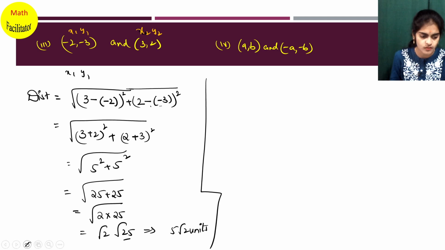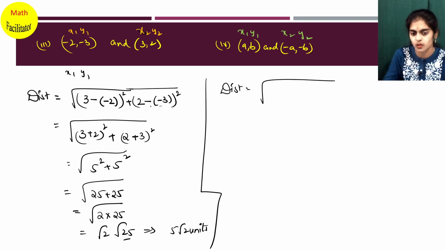Now this is x1 y1. See, this is x1 y1. This is x2 y2. So if I want the distance between these 2 points, what can I do now? So distance is nothing but again root over x2 minus x1 the whole square plus y2 minus y1 the whole square.